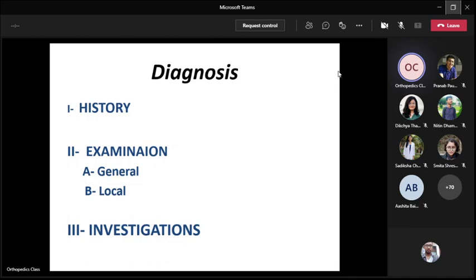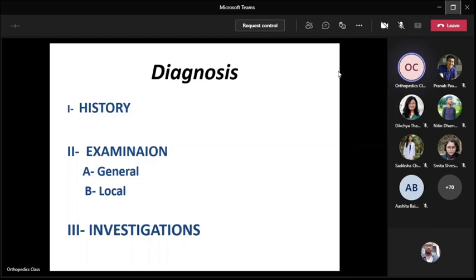So history is very important, and very quick because the patient is in pain. So don't hurt the patient. We always have a brief look, and then comes the local examination. One is systemic examination, the other is local examination. Systemic examination is important, particularly in elderly patients with comorbidities or pathological conditions, if they have a history of tumor or some surgery.